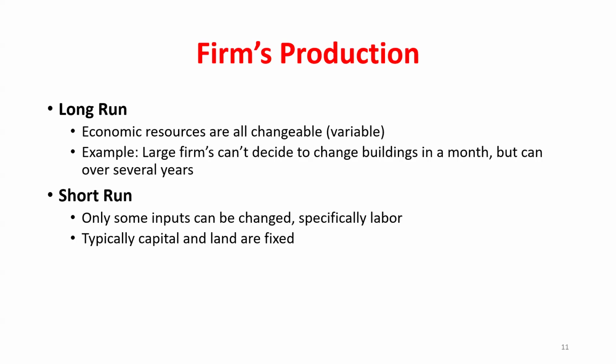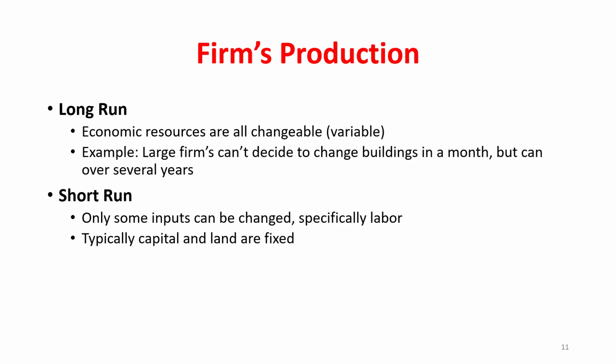So some factors in the short run will be fixed. I can't move my production facility's location, not even to a different country, but to a different state overnight. You can't even do that within the next month or two often, right? I can't implement some new machinery in the next week sometimes, but I can implement it over the next 6 months, right? So in the long run, everything is variable.